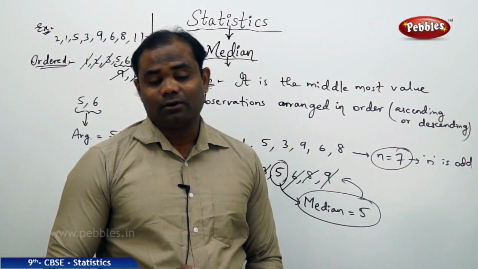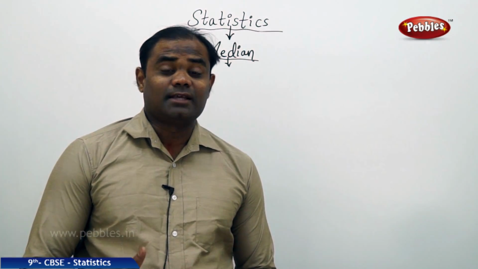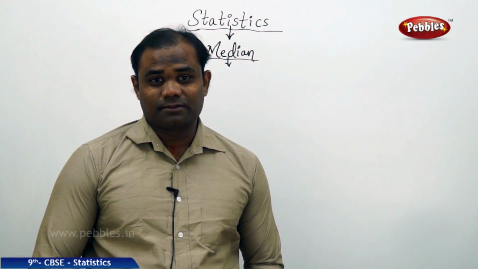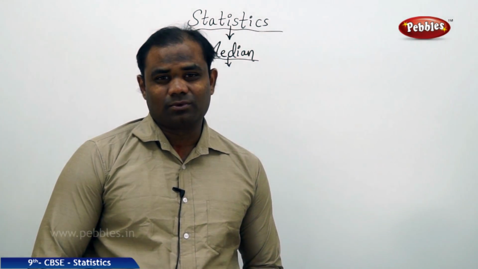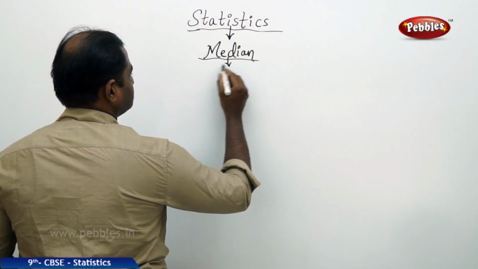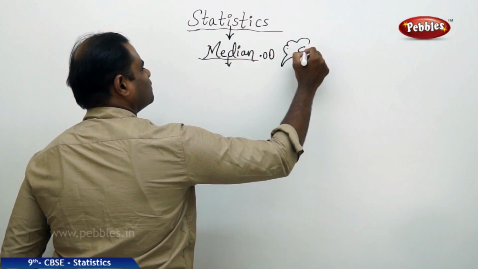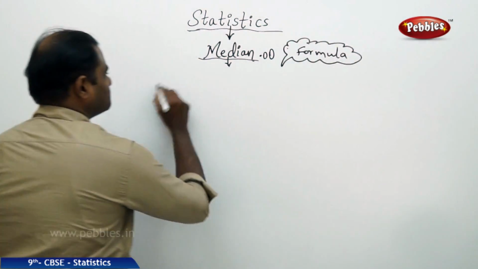Now that we have come across 2 different cases in the previous example, when n is 7 and when n is 8, it has given us a new concept of understanding that there are 2 cases which arise when you calculate median. Case 1, n is odd. Case 2, n is even. So here, let's see the formula for calculating median.